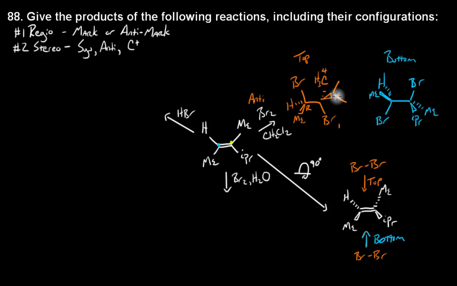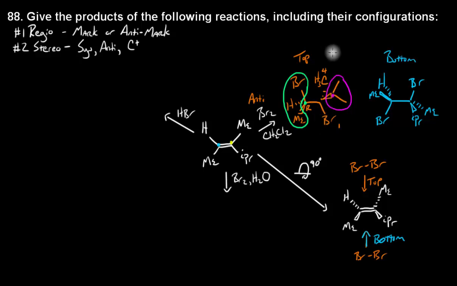So now what we have to do is compare and contrast these two groups. So we have to compare and contrast this isopropyl group right here, and we have to compare and contrast this group over here. Okay, so notice we're not comparing this carbon and this carbon directly, but we're comparing what is attached to those carbons.